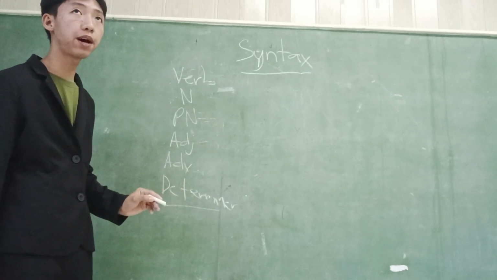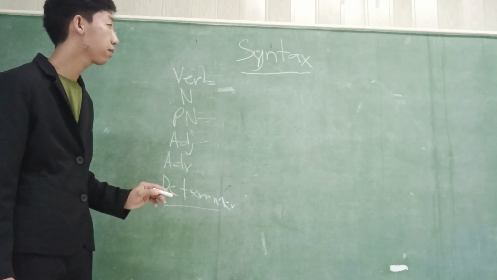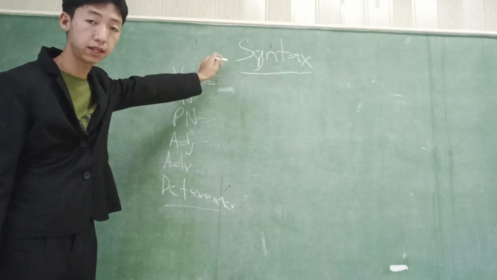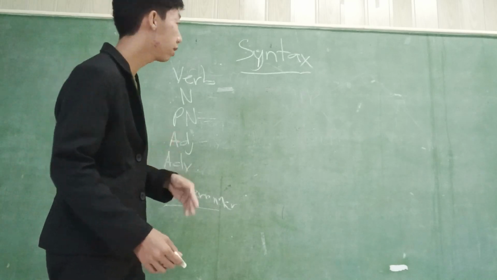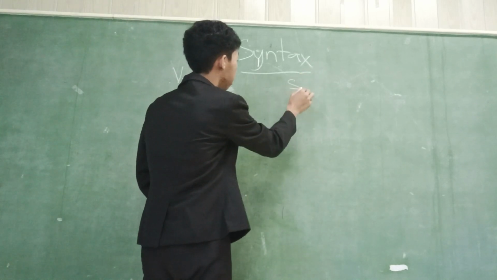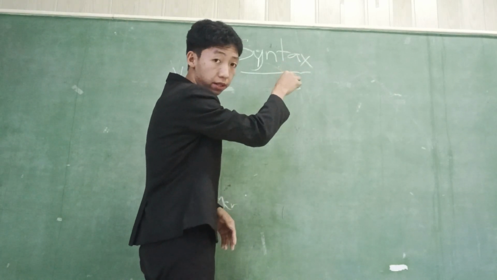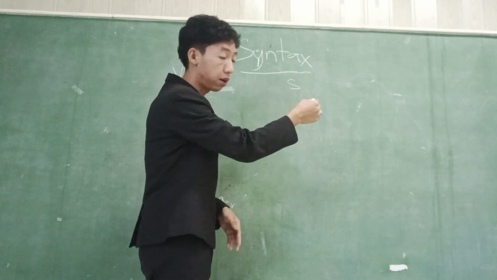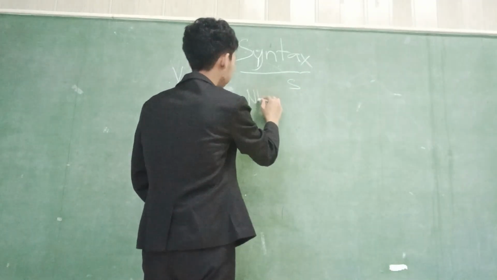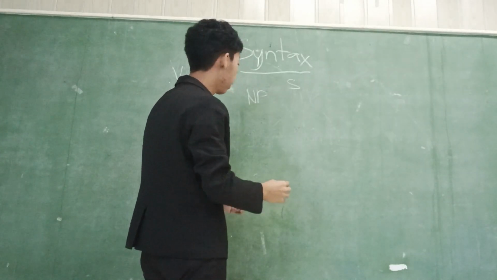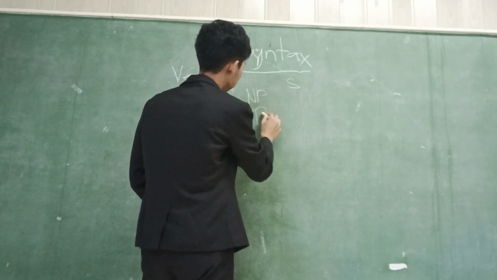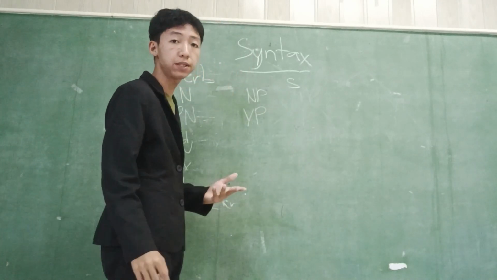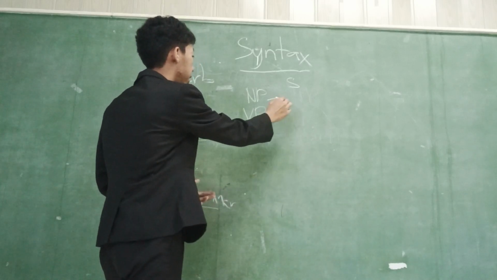And also we have the parts of the syntax. Let's now move to the parts of the syntax. Syntax is the study of the sentence, and a sentence consists of a noun phrase and a verb phrase. Now in the noun phrase, we have a noun.